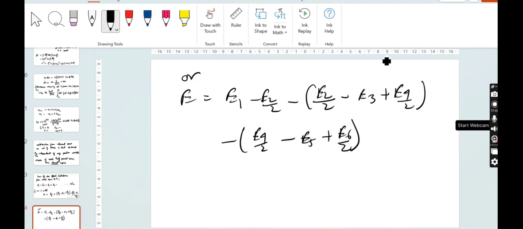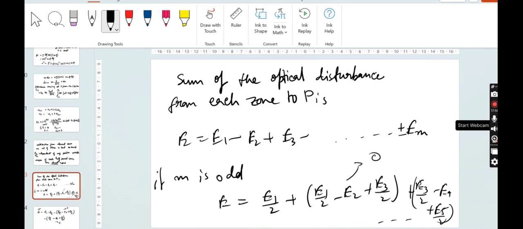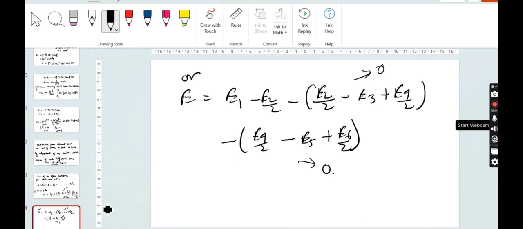So what is the purpose of doing this? The purpose is that this becomes 0, this becomes 0, and here this becomes 0. Here the last term would be E_M by 2, and here the last term would be minus E_(M minus 1) by 2 plus E_M.